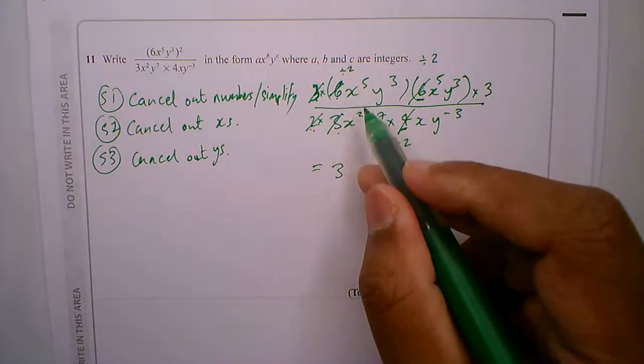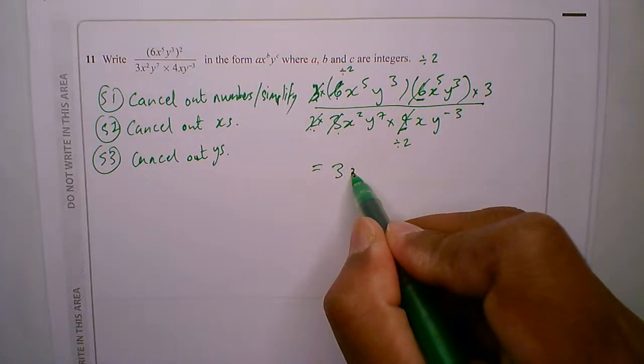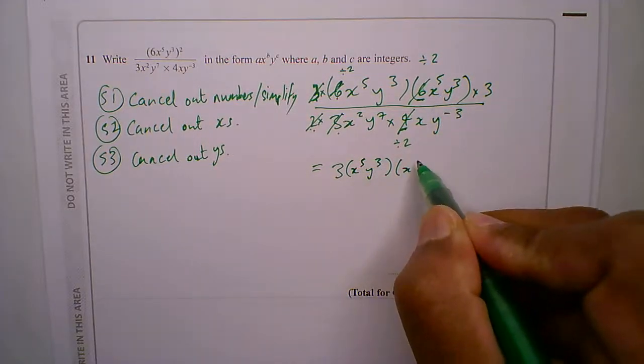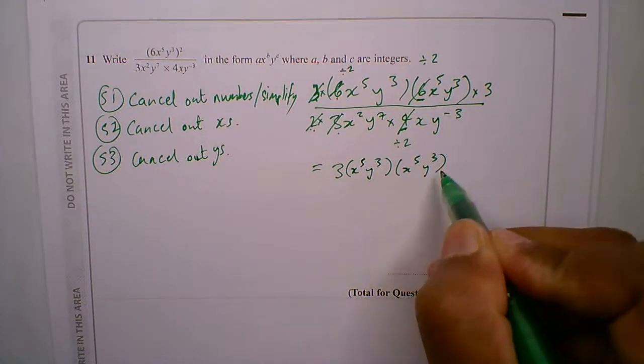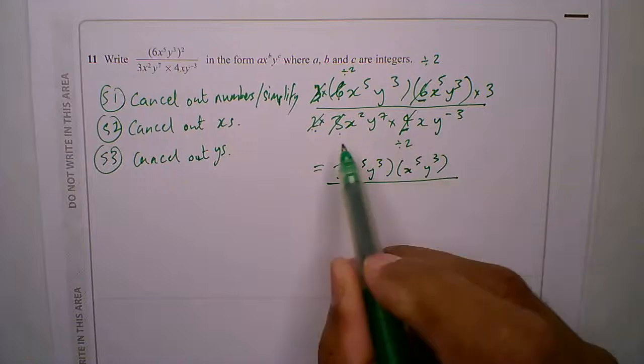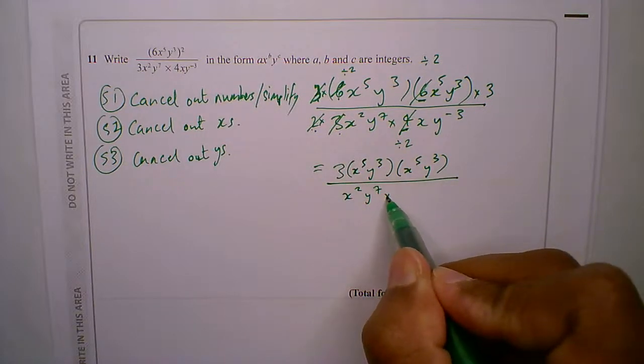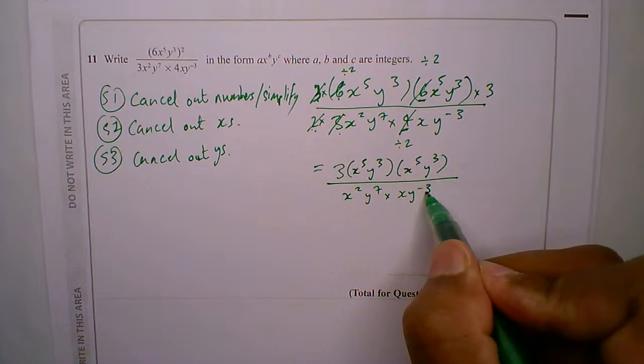I'm just going to rewrite this: 3x to the power 5, y cubed, and I've got x to the power 5, y cubed, all over x squared y to the power 7 times x y to the power minus 3.